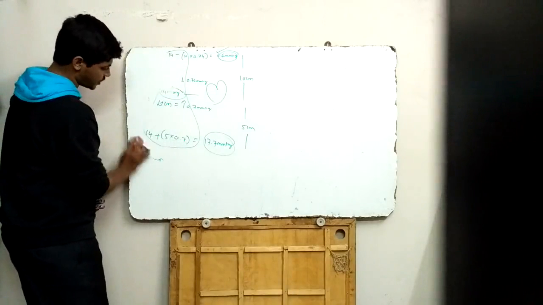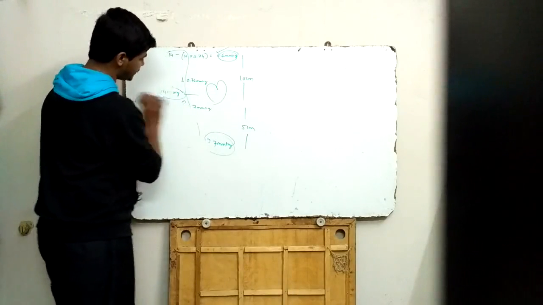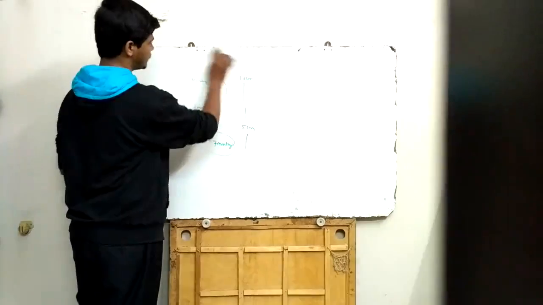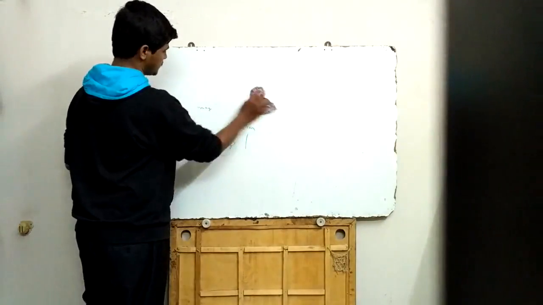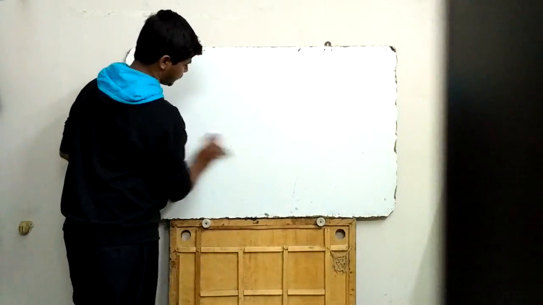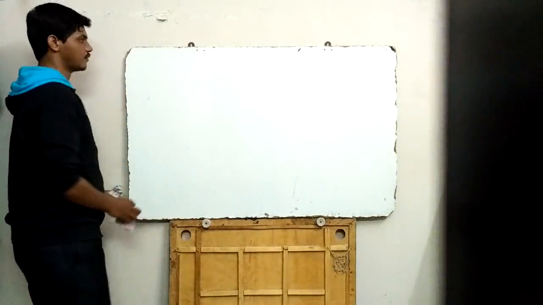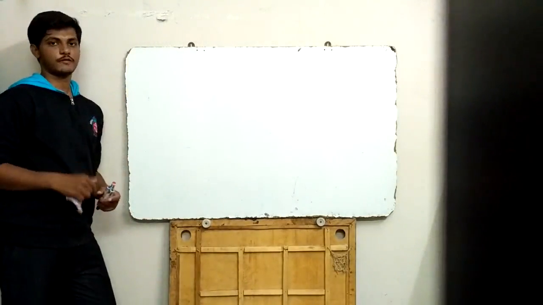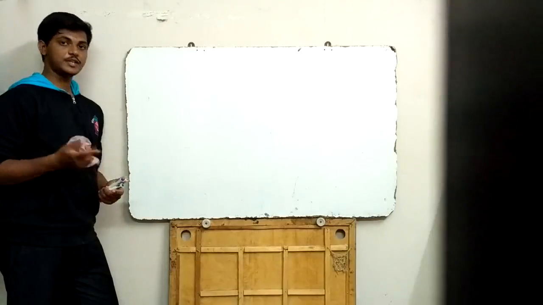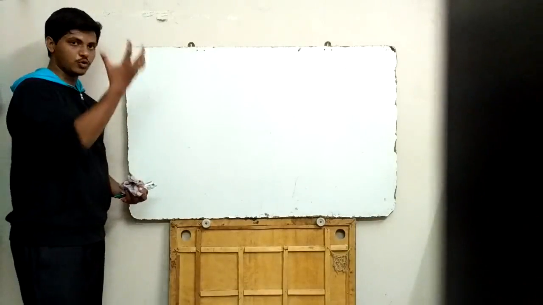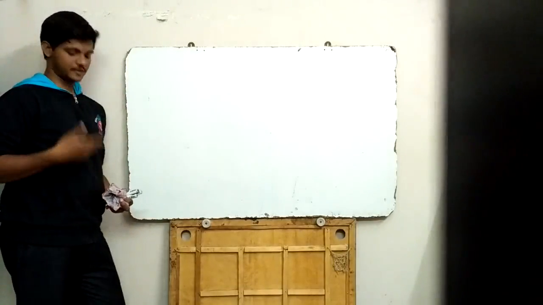Now, since the pressure changes at different levels, the perfusion also changes at different levels, and also the ventilation changes at different levels. As you move downwards, the ventilation keeps on increasing.